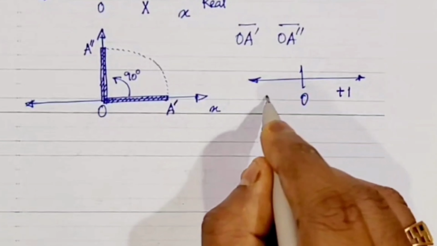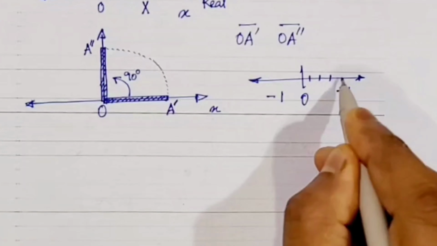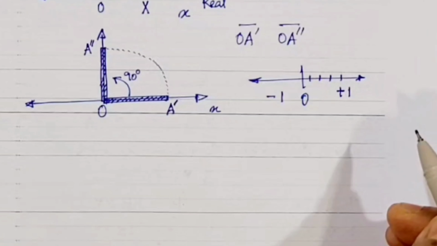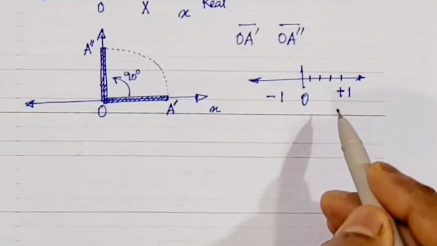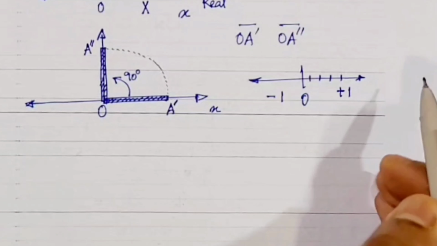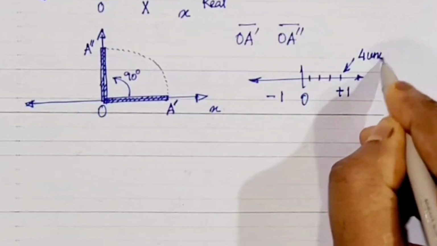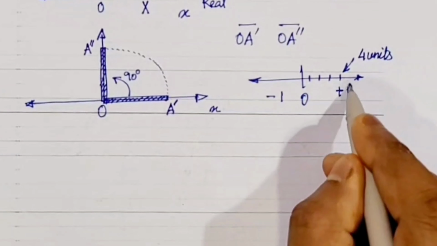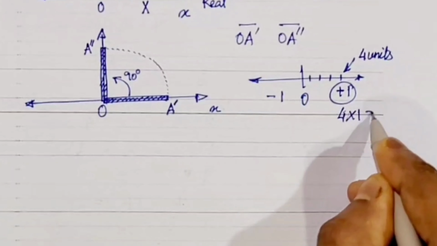Anything towards the negative side, the unit is -1. That means if I move ahead 4 points here, each point is 1 unit away from the previous point. So if I move to this point, this is 4 units. Since the unit is 1, it is 4 into 1, that is 4.